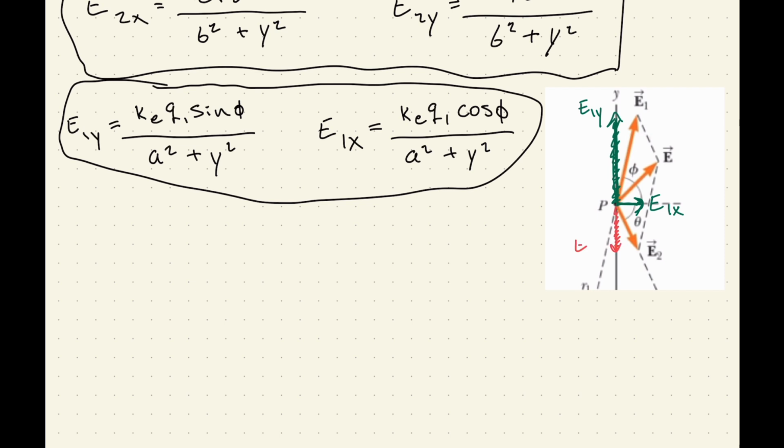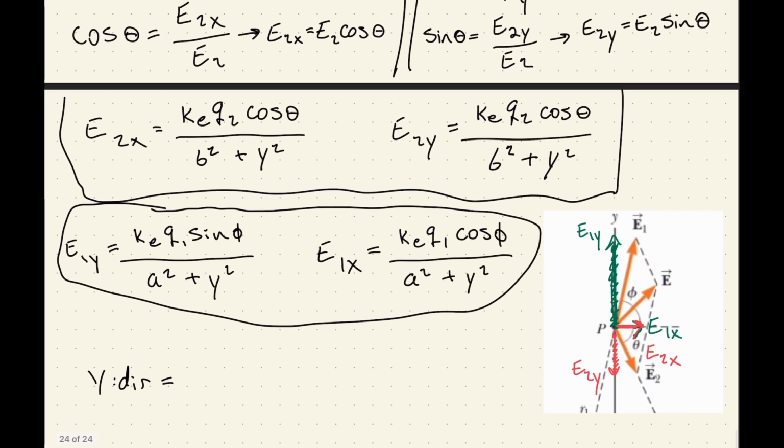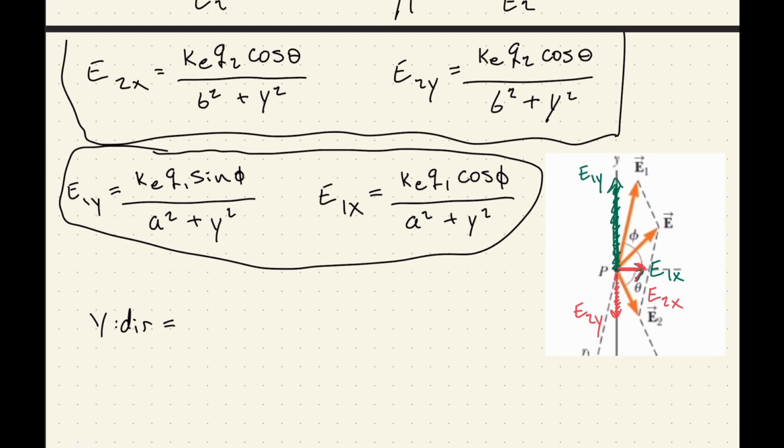Now we're going to have this red color here. This is E2y. And I would say somewhere along the same thing here is E2x. Cool. So what we want to do is combine everything in the y direction, combine everything in the x direction. So we have y direction. We're going to take E1y, copy that.